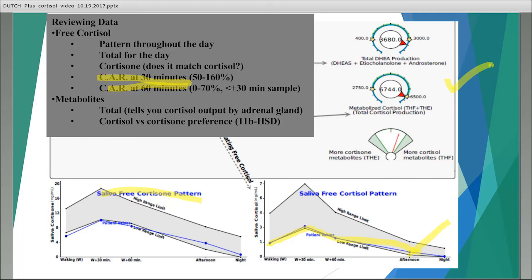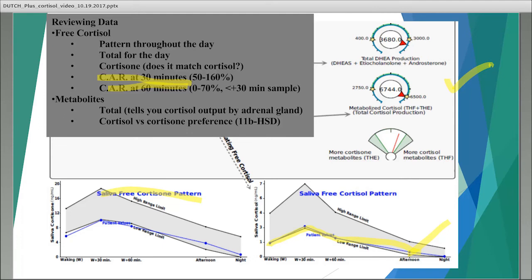So free cortisol is the most important piece to look at, because that's what's getting into your cell, that's what's bioactive, but it's only about 1% of the total. So if we want to know how much output there is from the adrenal gland throughout the course of the day, the metabolites of cortisol represent about 70+% of the cortisol. So that's really your best marker for overall output.